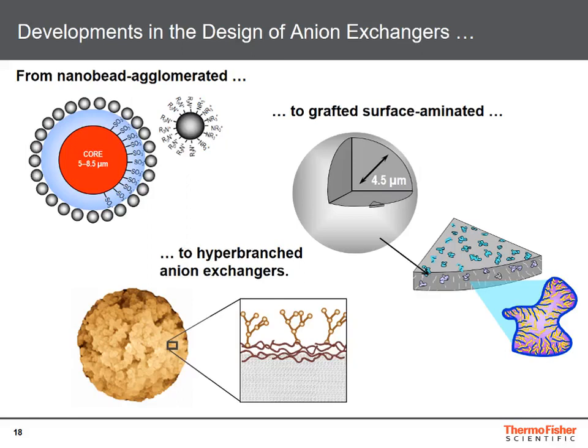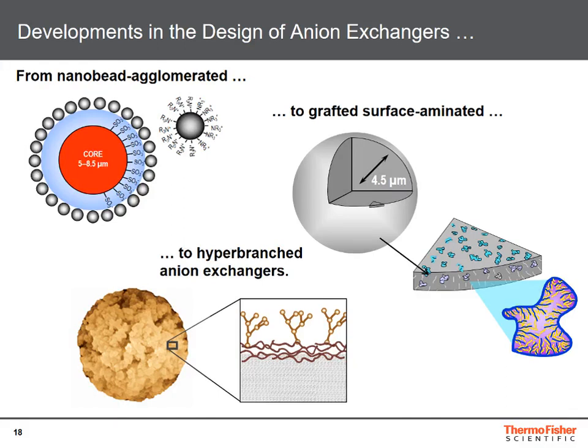There are some disadvantages with this type of resin as well. We saw a lot of coelution problems in the early days of ion chromatography, so people developed grafted surface aminated resins, and those you see here on the right side as a schematic. We use the same type of substrate particle, but now not surface sulfonated.